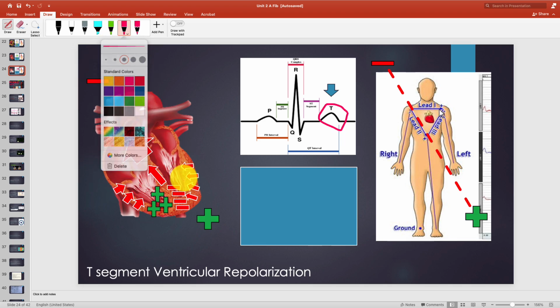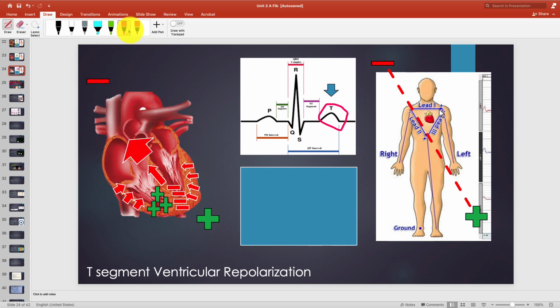So the negative charge moving towards the negative electrode gives us this little spike here, which is the T wave, right? So if I were to ask you, what is the T wave, you're going to say, oh, well, that's easy.